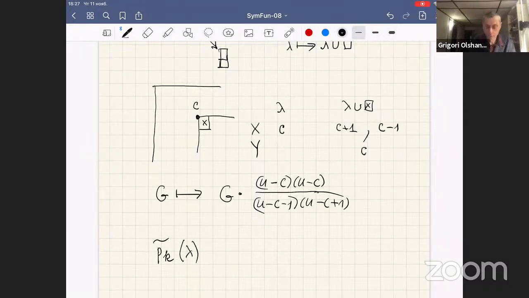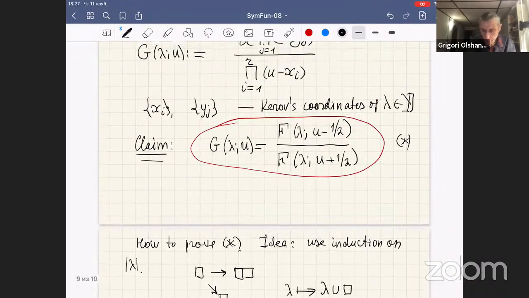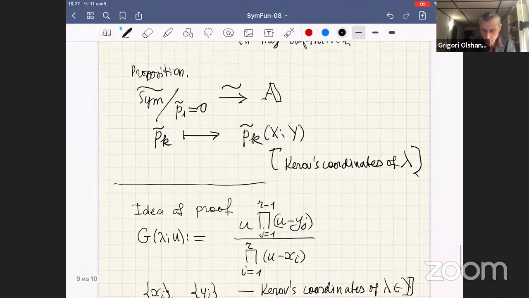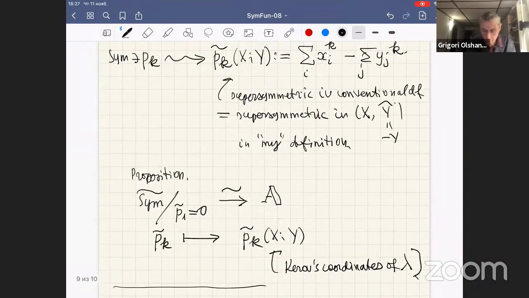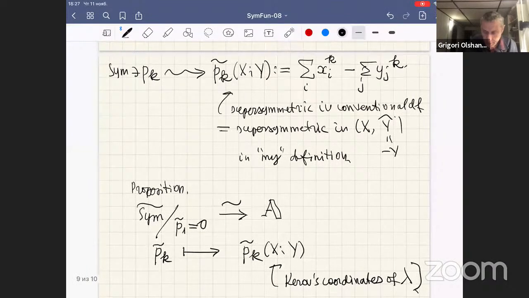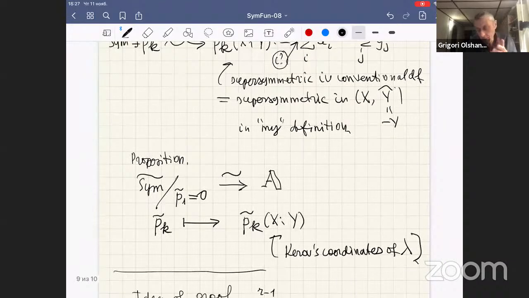let's write it as follows. The pair of coordinates is equal to some factor, I forgot it. Maybe there is some factor here, some k or 1 over k.